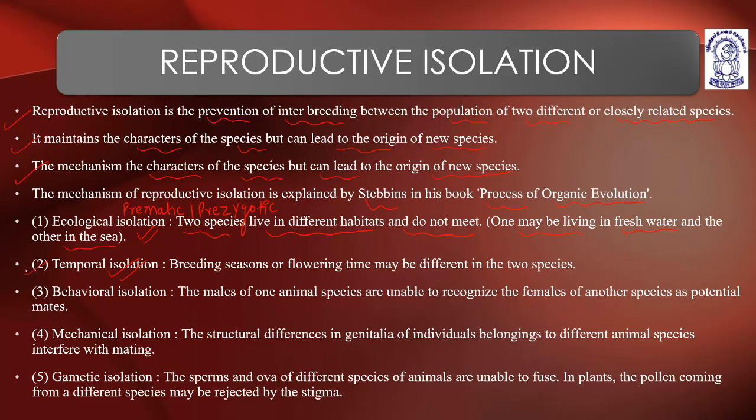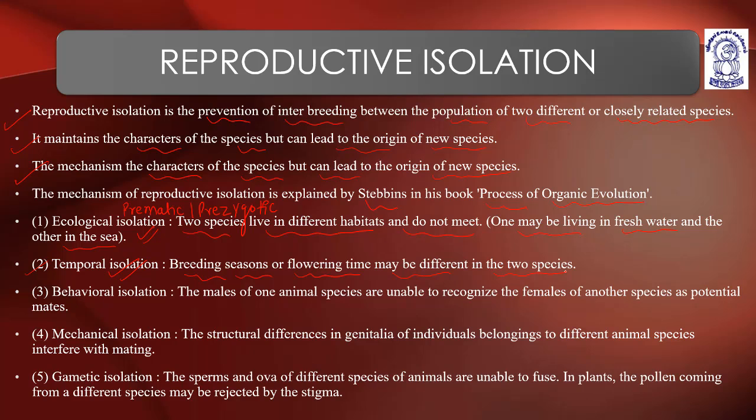Breeding seasons or flowering time may be different in the two species. In botany you have learned about protandry and protogyny, that the anthers get matured first, or the gynoecium is getting matured first.